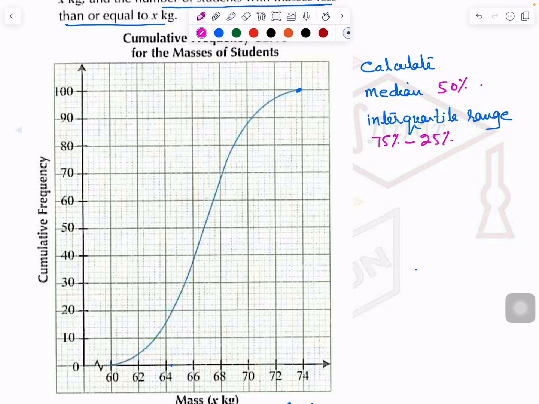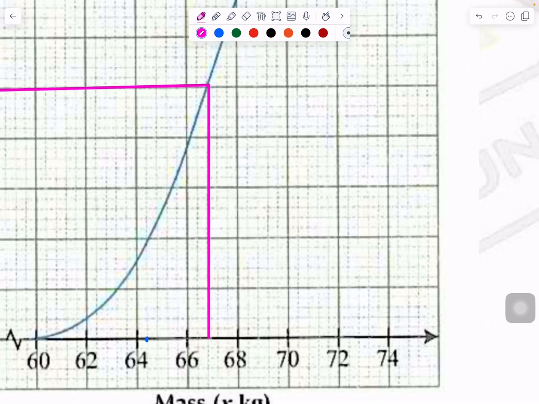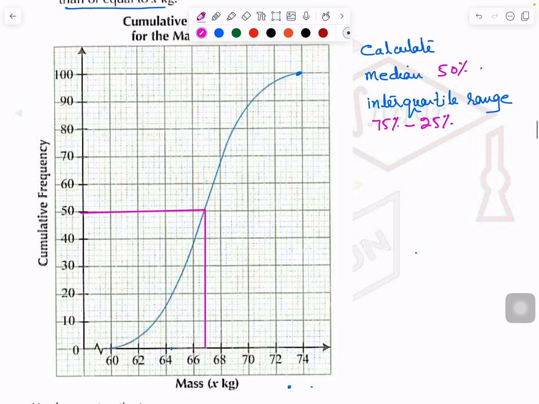So what is 50%? Half of 100 is 50. I will go to 50 and read the mass in kg. For example, it is 66.4, 66.8. So here it is 66.8 kg. So the median is 66.8 kg.